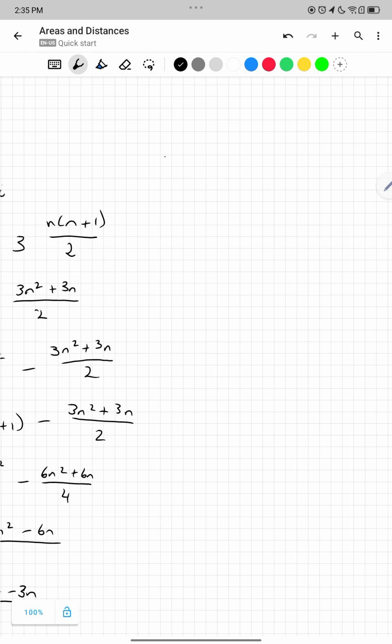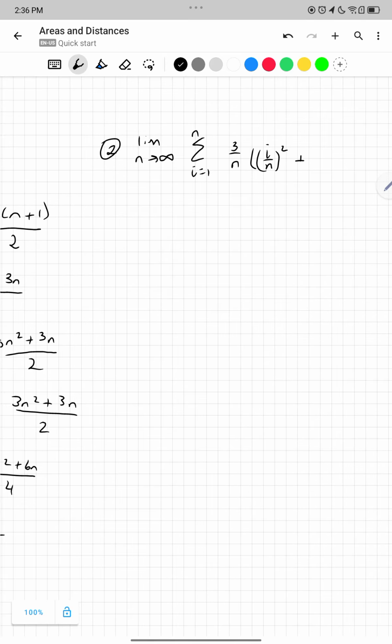So now, what if you were given this as n approaches infinity? Three over n, i over n all squared plus 1.